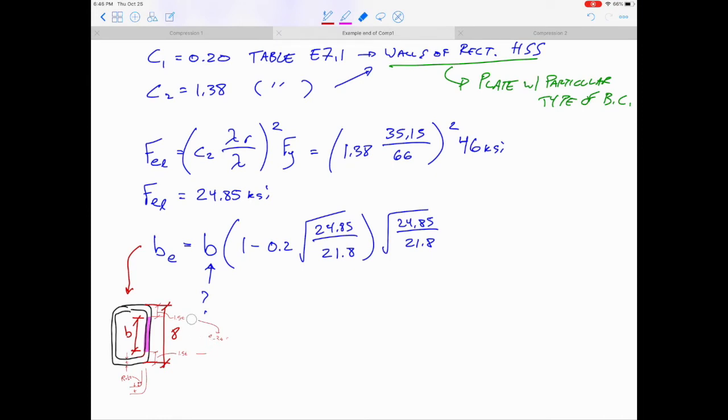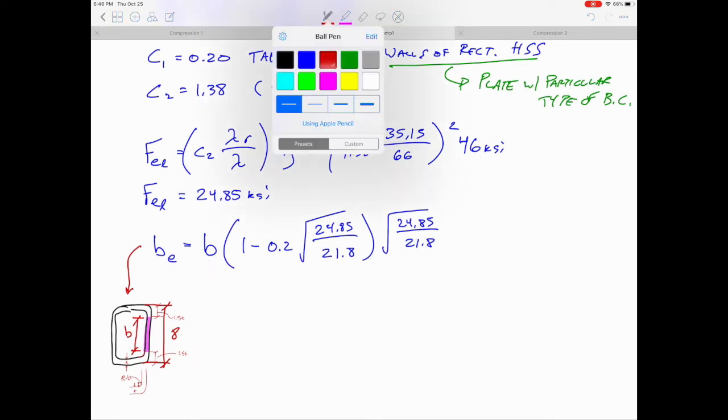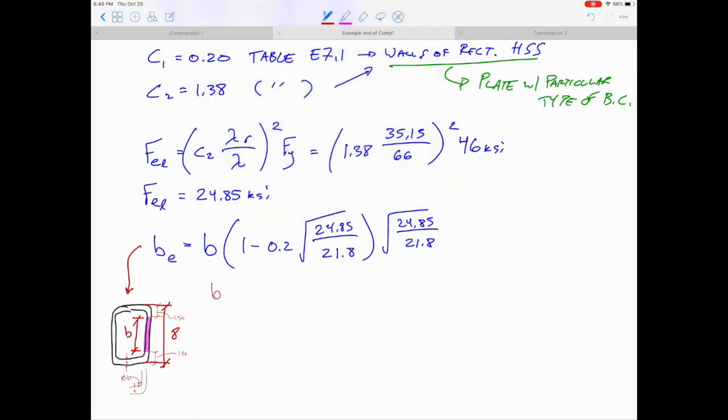I'm going to leave this little figure here, and I'm going to write b is equal to 8 minus 3t. So that's 8 minus 3 times 0.116. This is the design thickness, t design, from the dimensions table.